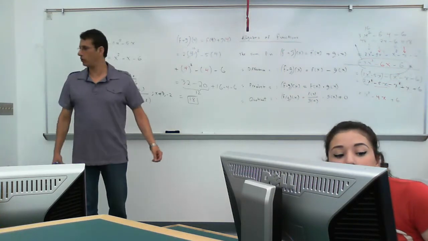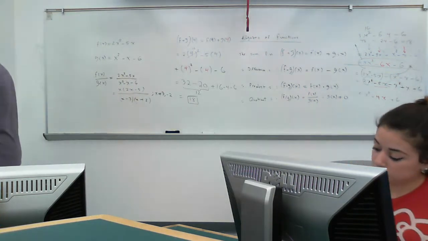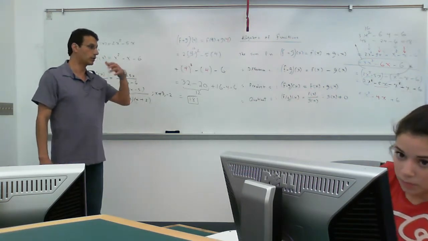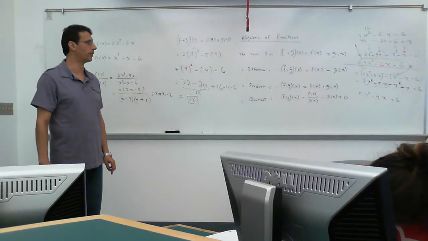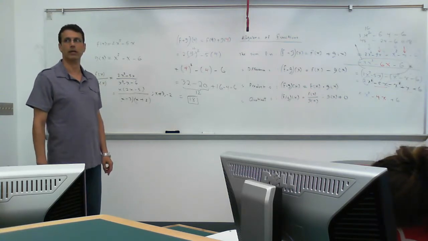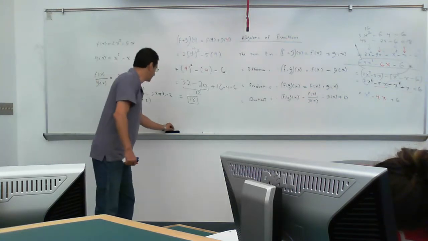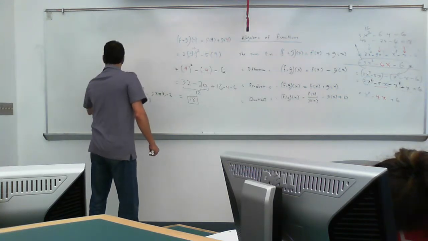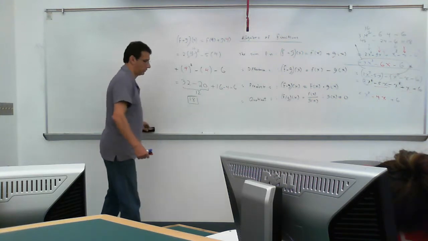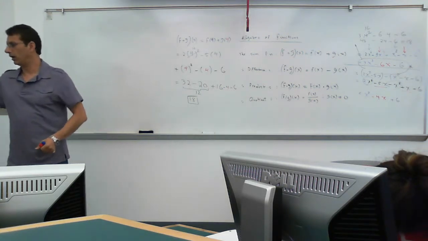So I want to look at those questions that were asked. Also, I think on Monday we will go over linear function probability things. In any way, let's look at a couple of examples that somebody asked.